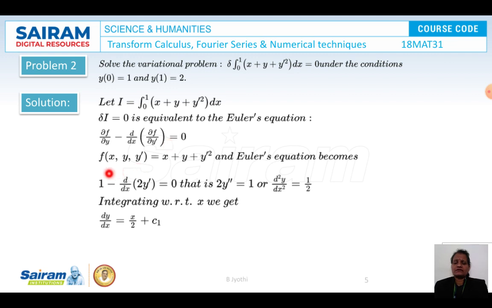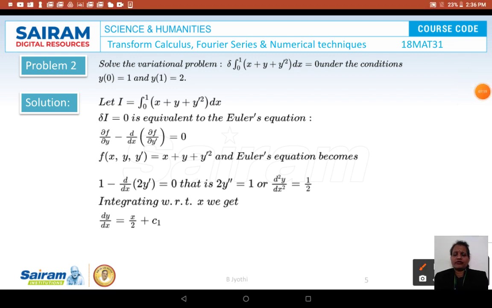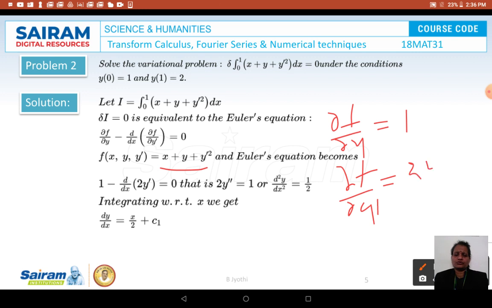And we will consider the function f of x, y dash is x plus y dash square, and the Euler's equation will become, by calculating dou f by dou y from this equation, it is 1, and dou f by dou y dash is equal to 2y dash, which has been substituted in the Euler's equation.